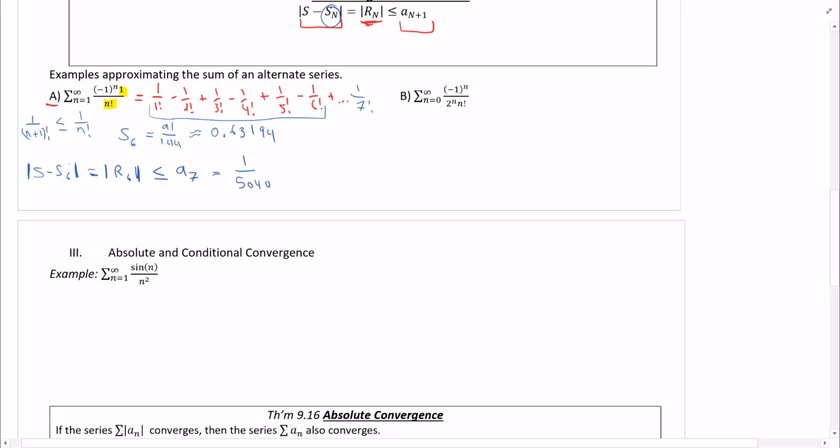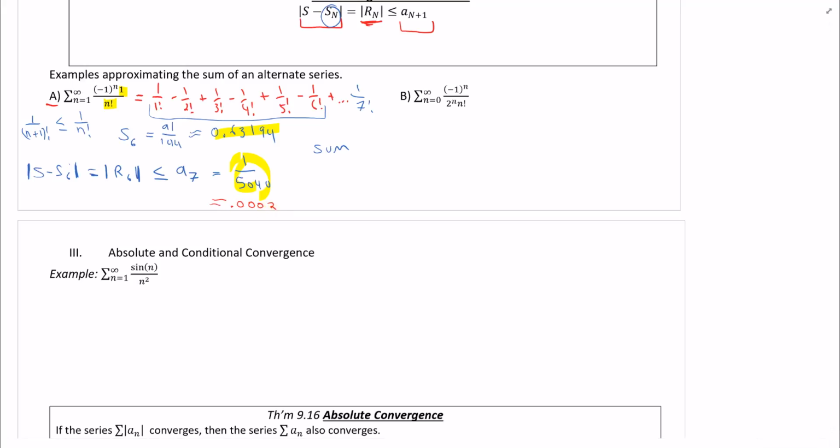So what this says is that the sum of this series lies somewhere between this number plus or minus this number, which is about 0.0002.